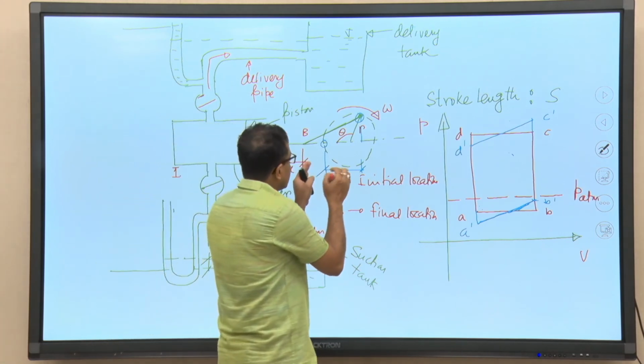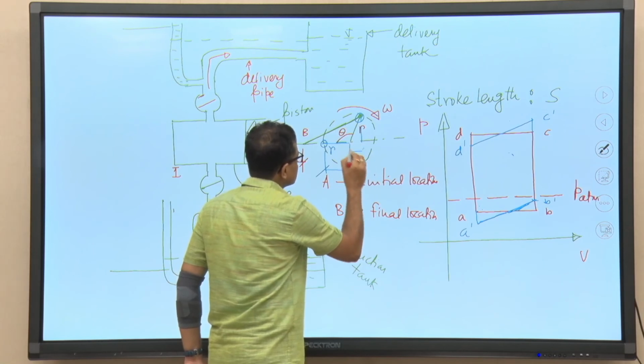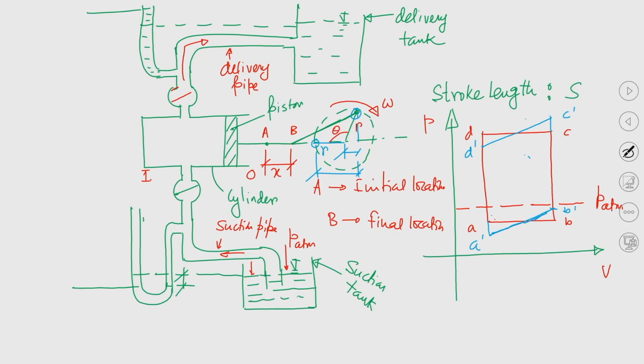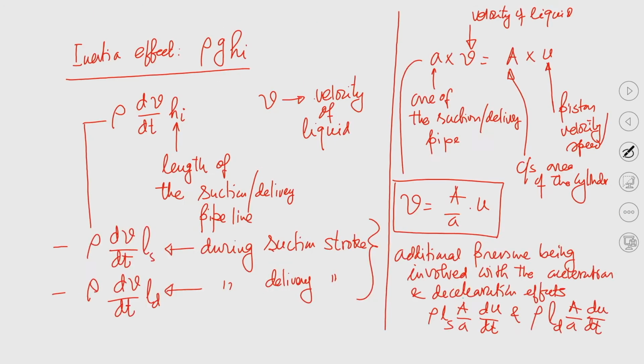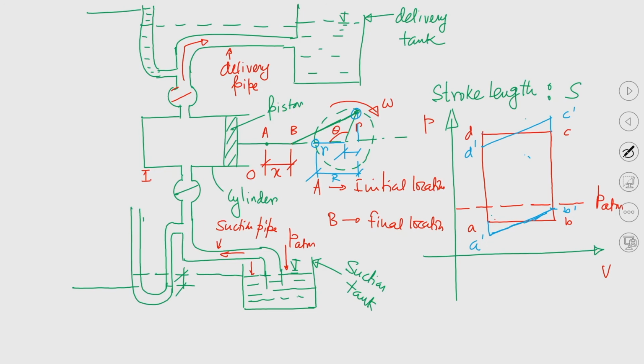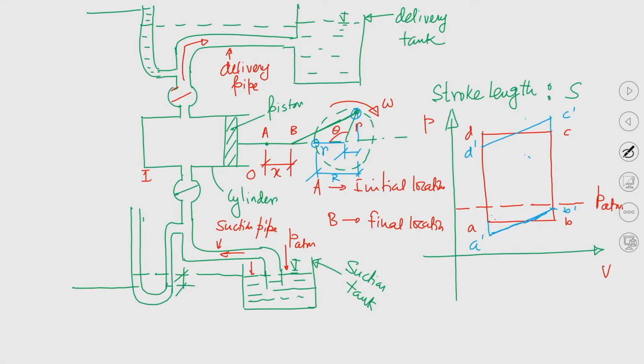You can see this is also r, and this distance is capital R. So, for the displacement equation of the crank, x is the linear displacement, because the connecting rod has traversed from location A to B, which equals the angular displacement of the crank.